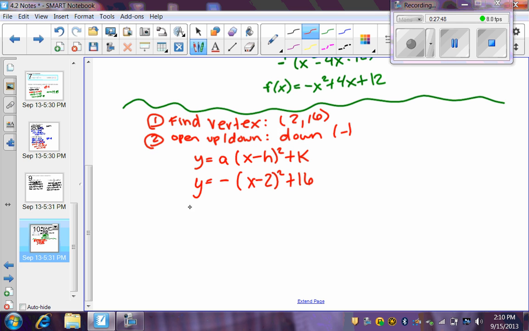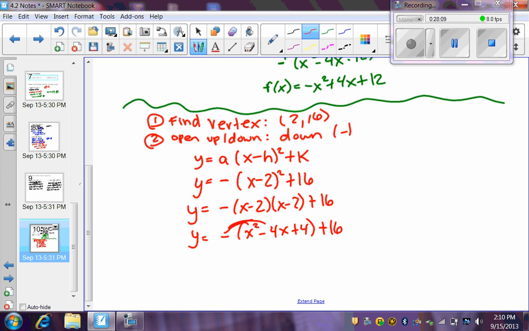Now expand this out like we just did in the previous two examples, so that would be y equals negative x minus 2 times x minus 2 plus 16. So that gives me x squared minus 4x plus 4.